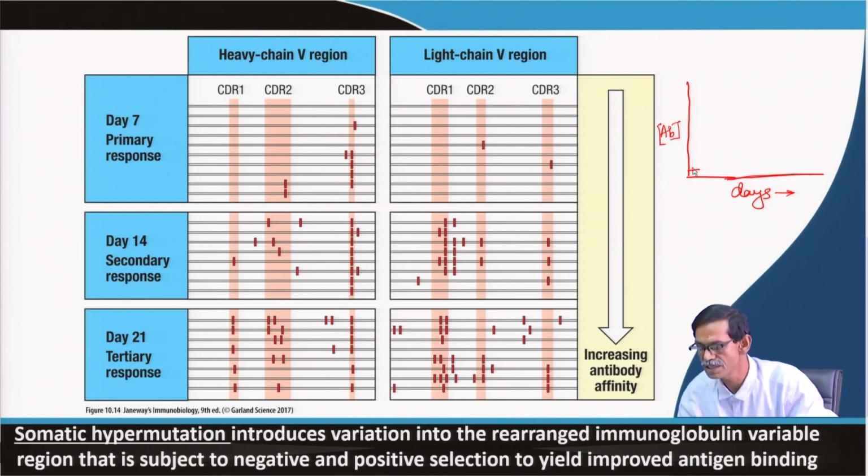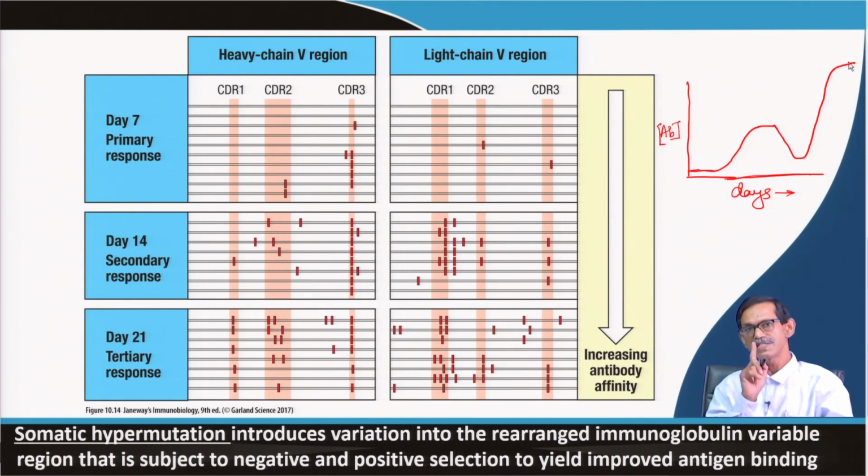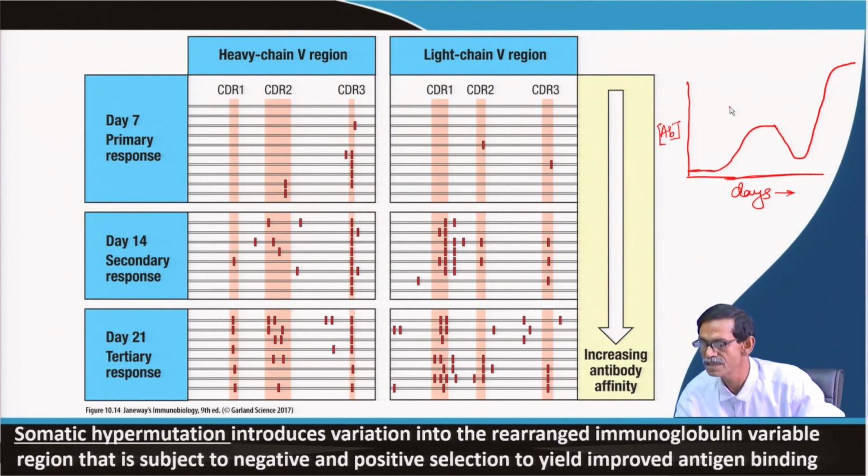Initially, for the first 6-7 days there is no change, and then it gradually increases, stays there, goes down, and in the secondary response it is like this. This is the primary response, and this part is the secondary immune response.